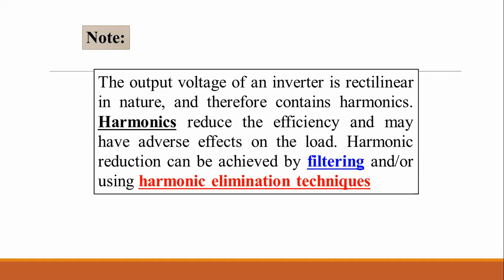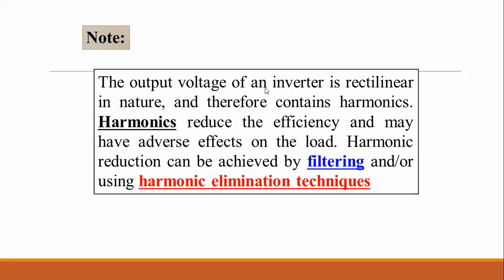The output voltage of an inverter is rectilinear in nature, and therefore contains harmonics. Harmonics reduce the efficiency and may have an adverse effect on the load. Harmonic reduction can be achieved by filtering or by using harmonic elimination techniques. Whenever we convert DC voltage into AC voltage, we do not get pure AC voltage.